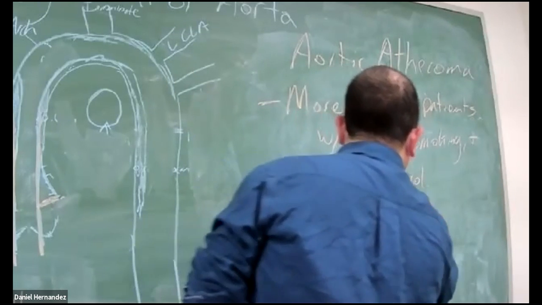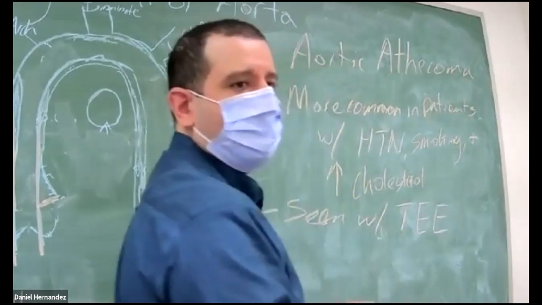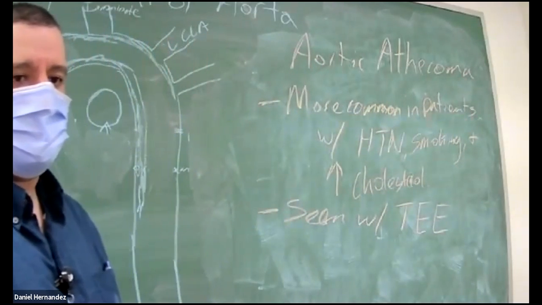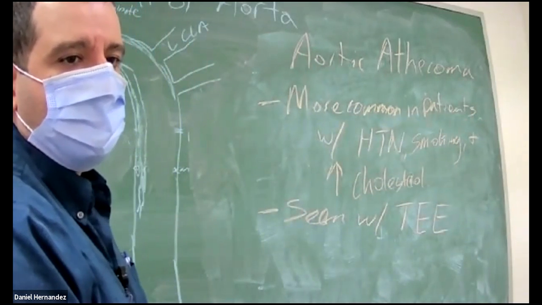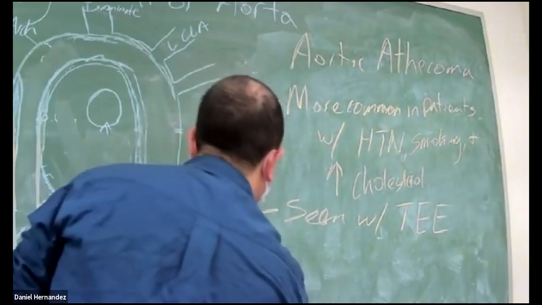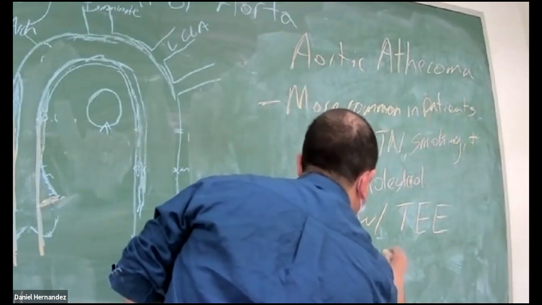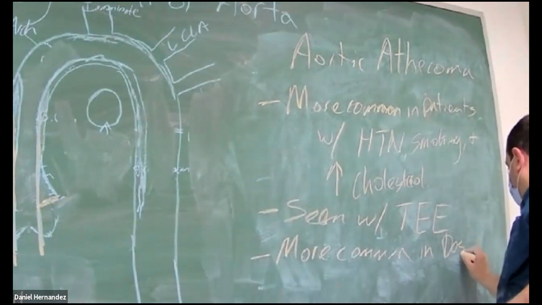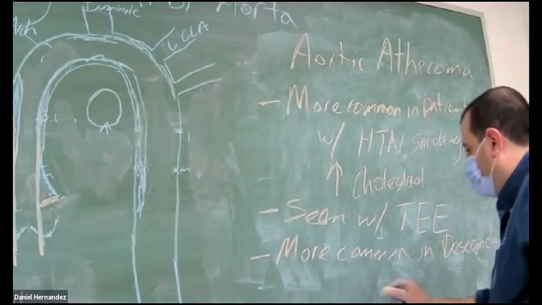Again, this is seen with TEE. More common in the descending aorta.